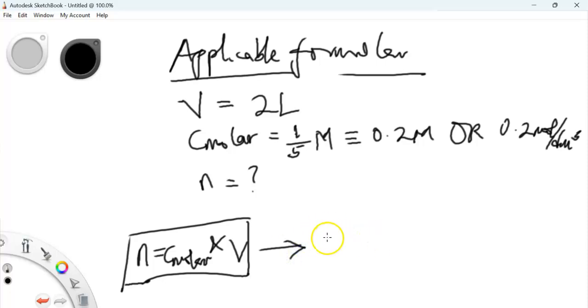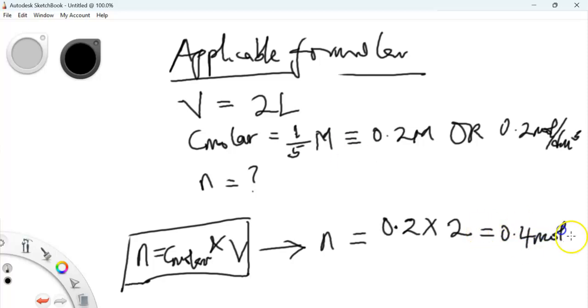Hence number of moles is equal to 0.2 times 2, which at the end of the day will give you 0.4 moles as the answer. You get now?